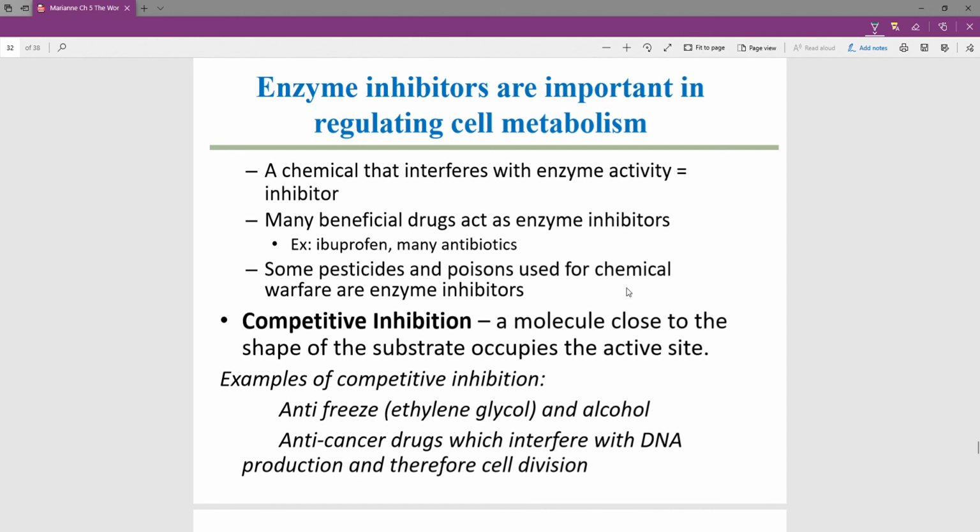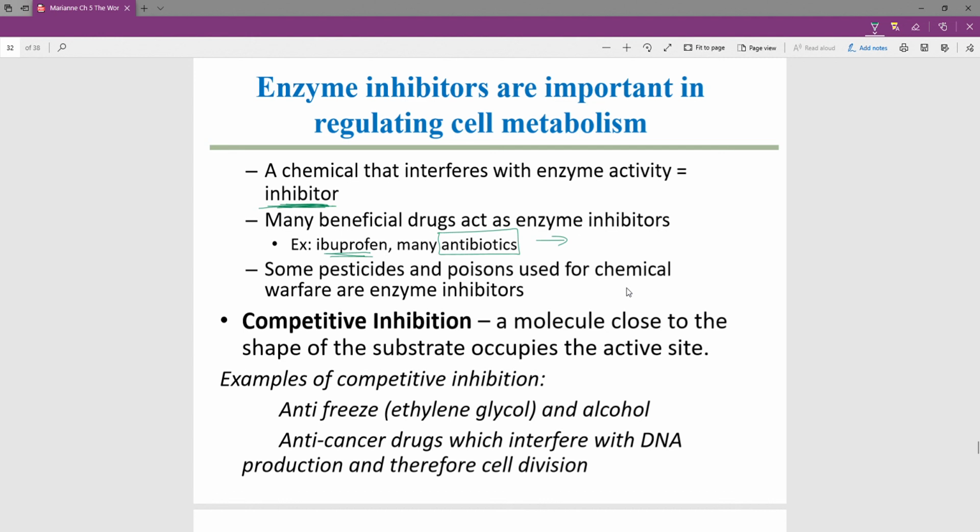So a chemical that interferes with enzyme activity is an inhibitor. And this idea that enzyme activity is all good is not always true. So many beneficial drugs work as inhibitors on different kinds of cells. So anti-inflammatories can work like this. Antibiotics work like this. They're specific on a particular kind of molecule in bacteria that are not in you.